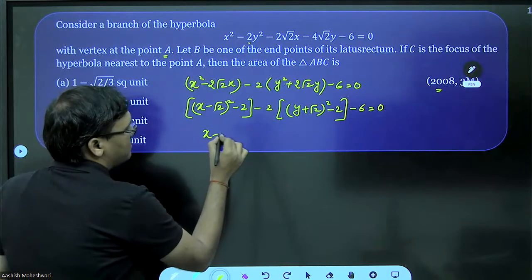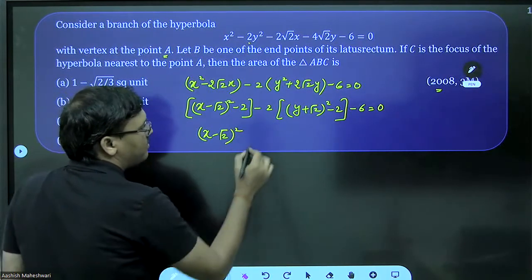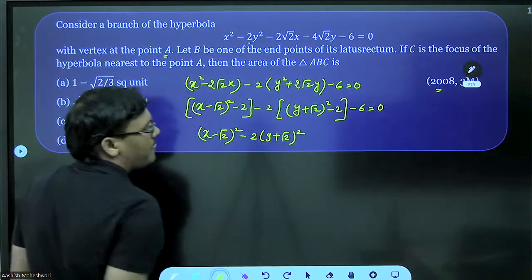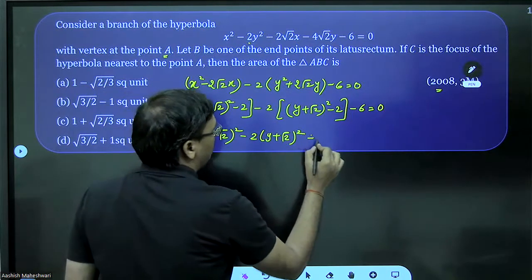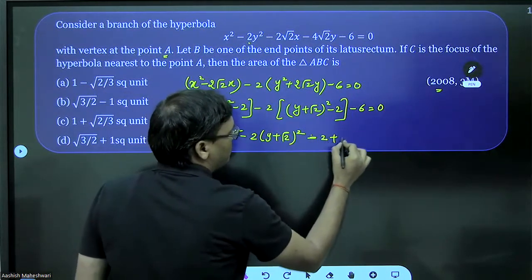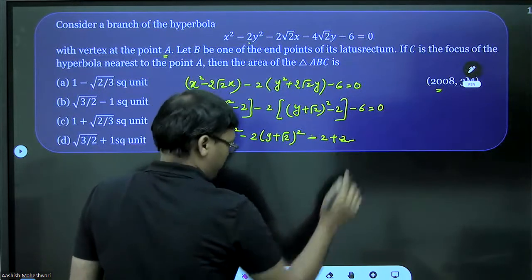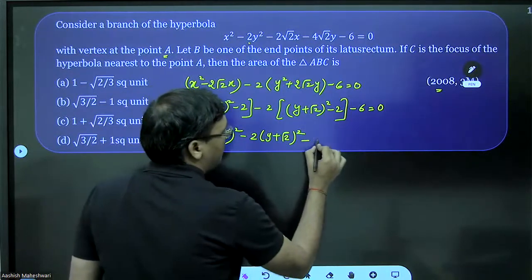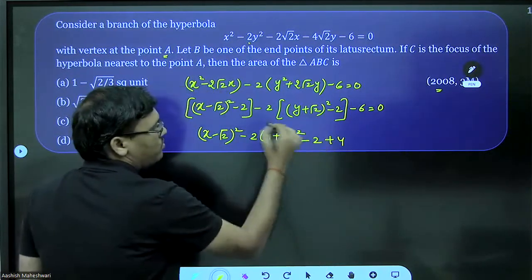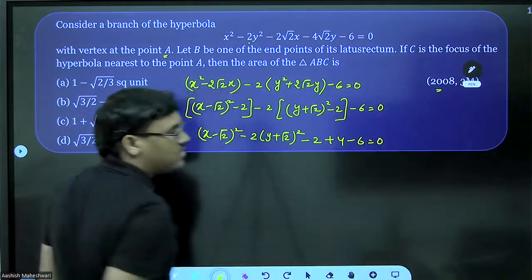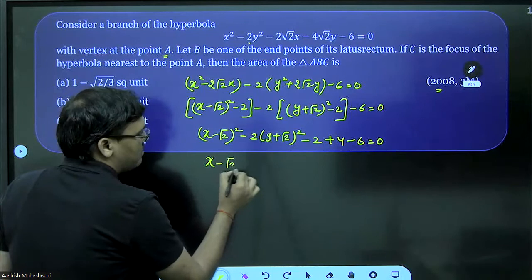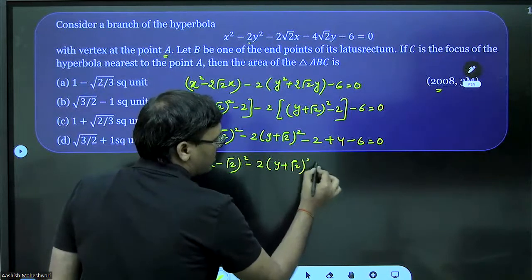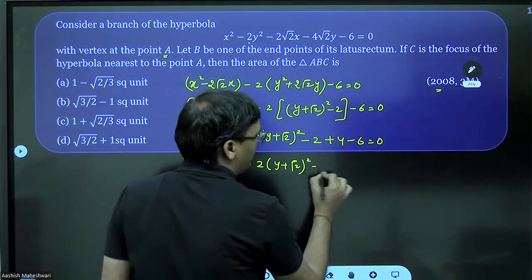So I can say this is x minus root 2 square minus 2 y plus root 2 whole square, right? Here you will have minus 2, this will be plus 2, plus 4, sorry. This is minus 2 plus 4 minus 6 equal to 0. So what is the equation? This is x minus root 2 whole square minus 2 y plus root 2 whole square, so this is equal to 4.